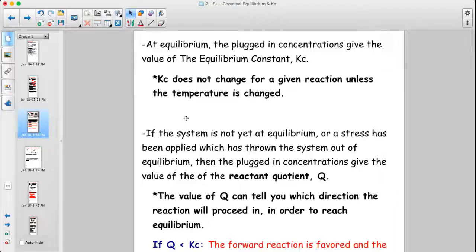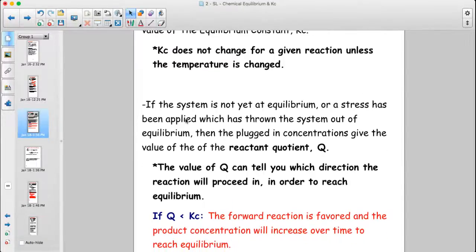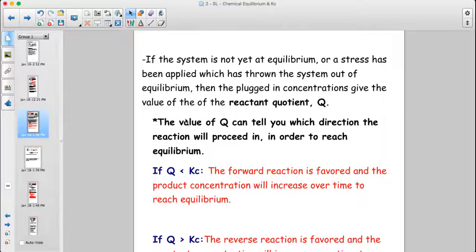All the other stresses that we add to a given system at equilibrium cause shifts. So they may cause you to make more reactants or make more products, but that is only to maintain the value of Kc. So Kc does not change as a result of those stresses and shifts. Temperature, however, is different, and it does affect Kc. So you kind of have to lock it in that temperature is the only one that causes that effect.